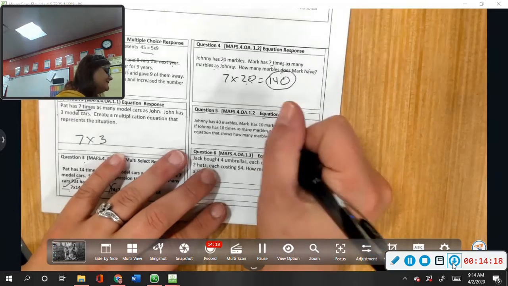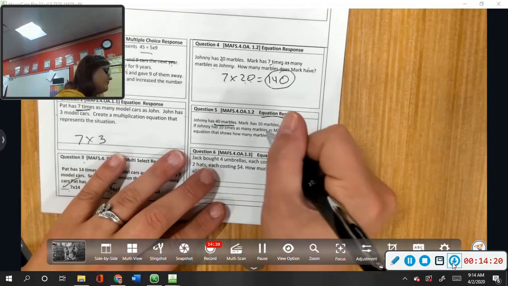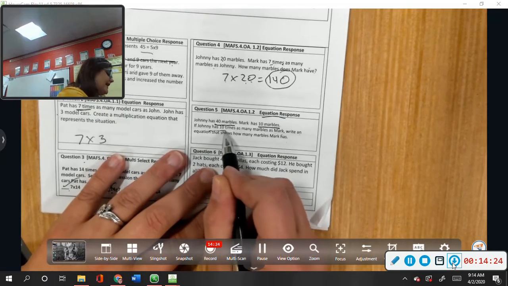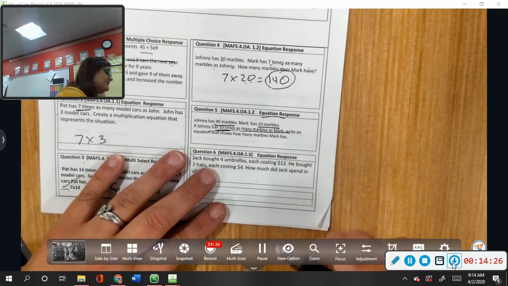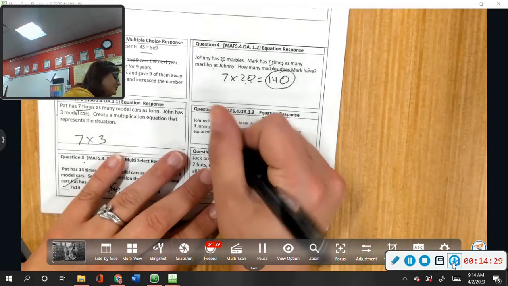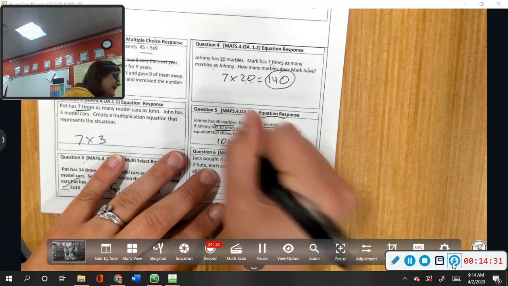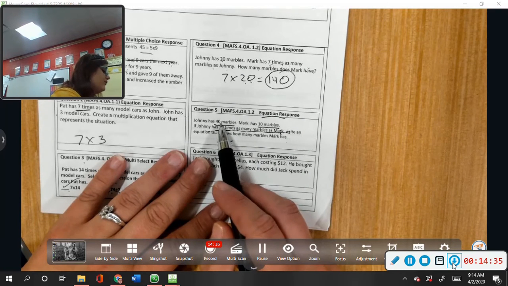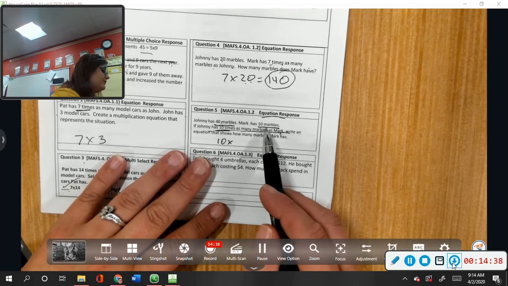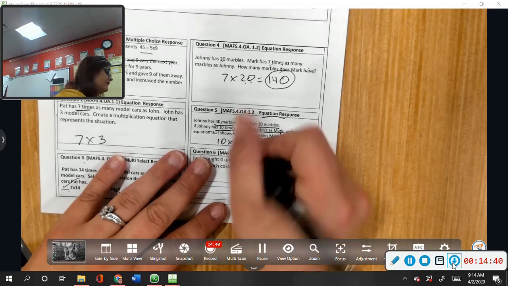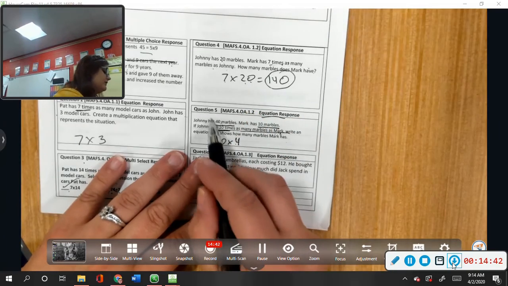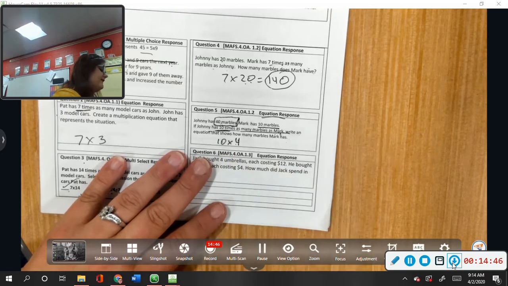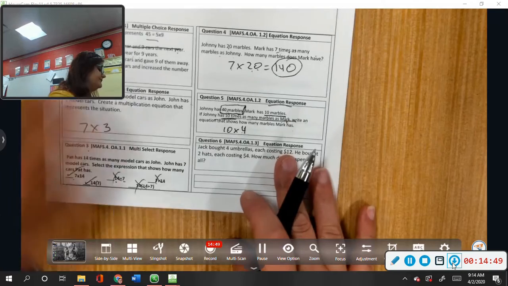Johnny has 10 times as many marbles as Mark, Johnny has 40 marbles, so how many marbles could Mark have? 4, because that's the only way that we can go back and Johnny still get 40 marbles.